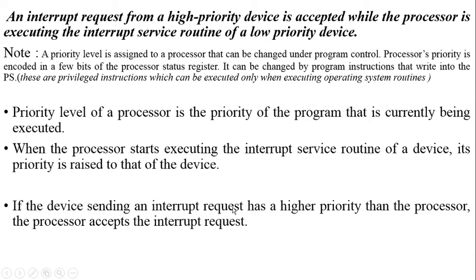If the device sending an interrupt request has a higher priority than the processor's current priority, then the processor accepts the new interrupt request. That means the processor suspends the execution of the current interrupt service routine and accepts the high priority interrupt request. Okay.